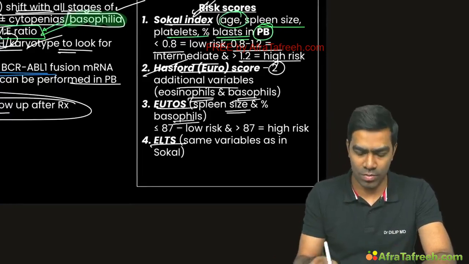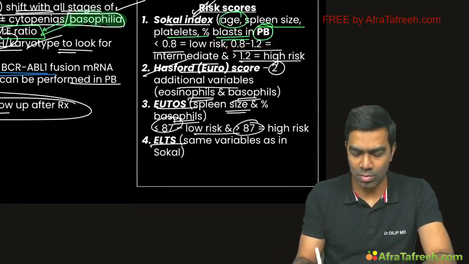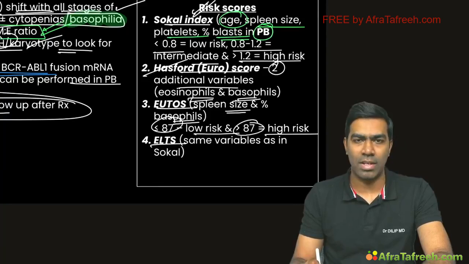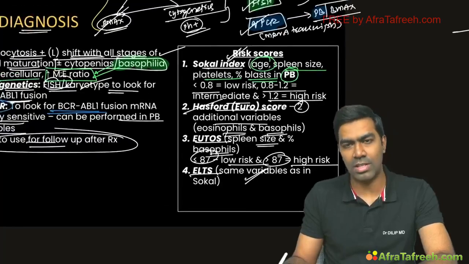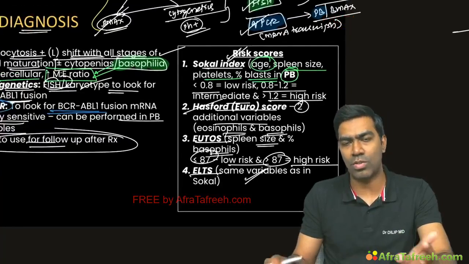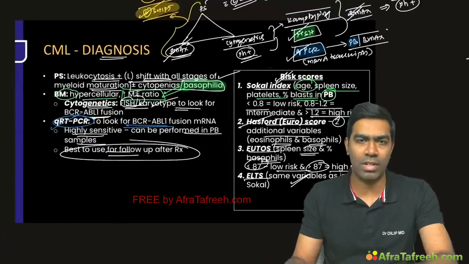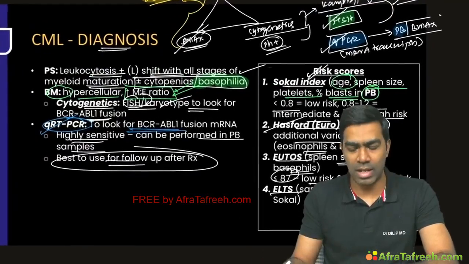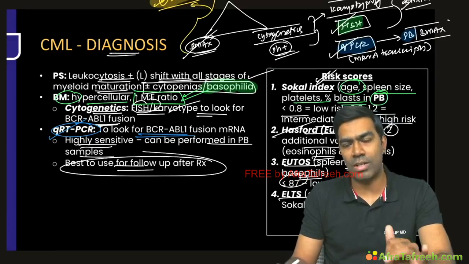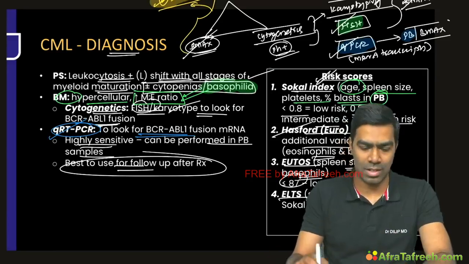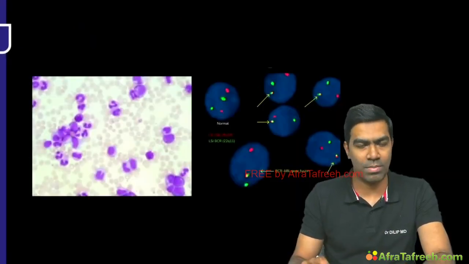According to Utah score, if it's less than or equal to 87, it indicates low risk. More than 87 indicates high risk. ELTS is also going to use the same variables as that of the SOKAL index or SOKAL score, but it's going to use a different mathematical calculation. That's all. So 4 scores, don't forget. SOKAL, Hasford, Utah, ELTS. In that, SOKAL is the most important for exams.